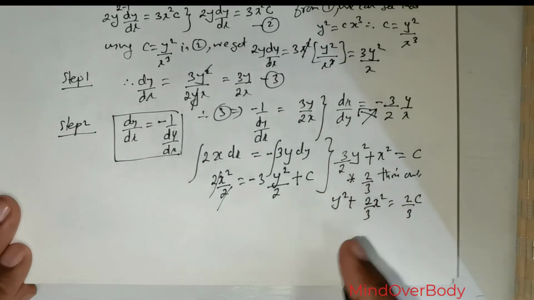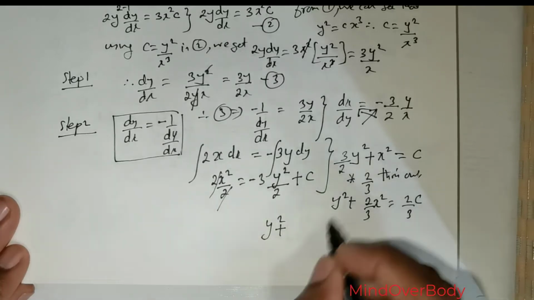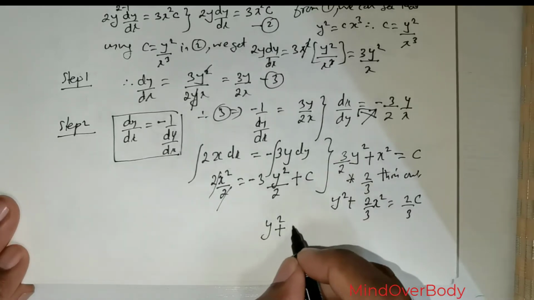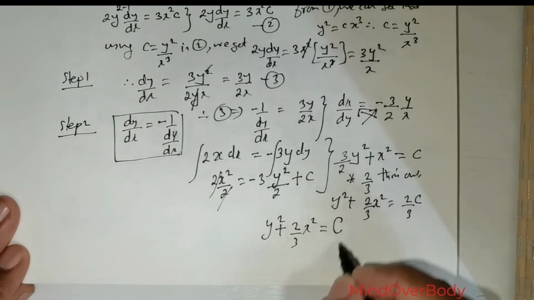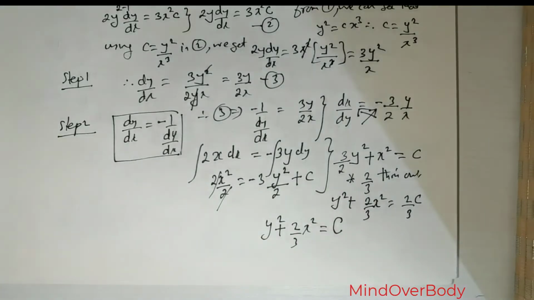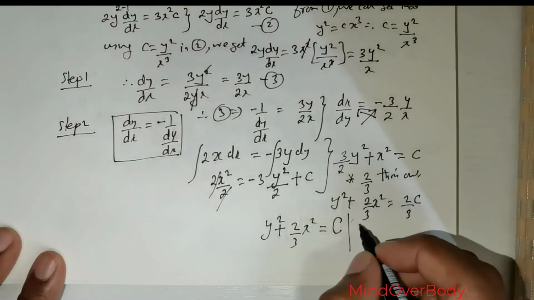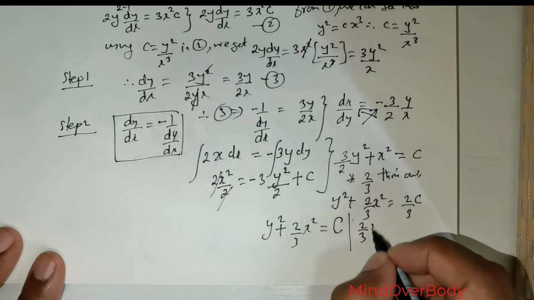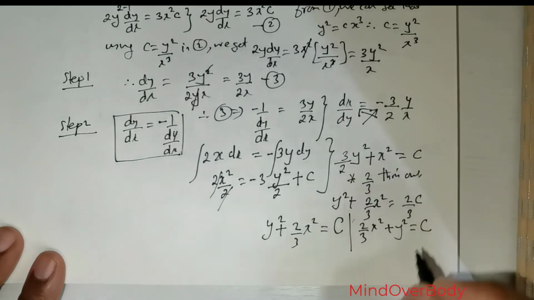Now this is an arbitrary constant, so we can replace it. So we can rewrite this entire system as y squared plus 2 over 3 times x squared is equal to some arbitrary constant capital C. So this is the solution. Either you can write the solution like this, or you can start with the x term: 2 over 3 times x squared plus y squared is equal to C.